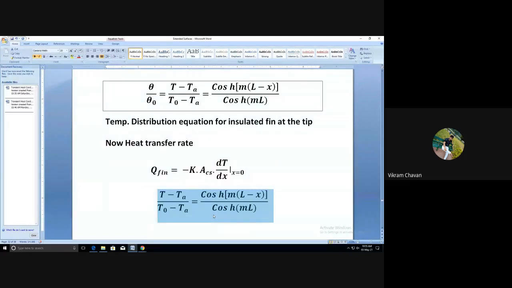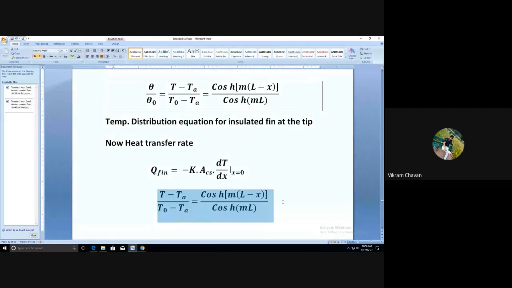So write down Q fin, heat transfer rate. Q fin is equal to minus k multiplied by A suffix CS, that is the cross-section area of the fin, multiplied by dT divided by dx at x equal to 0.